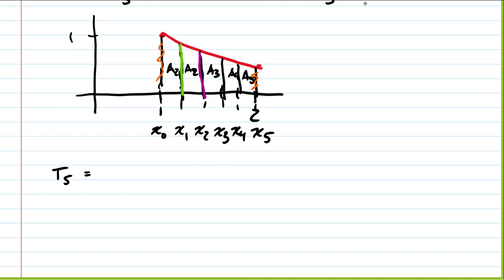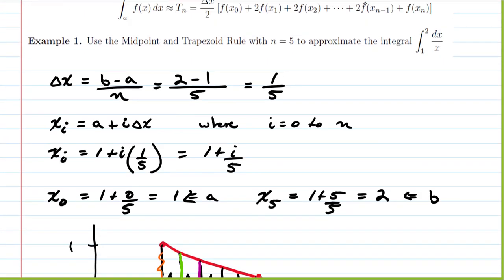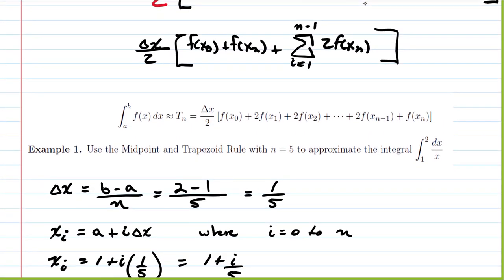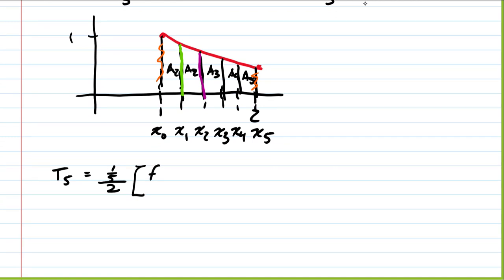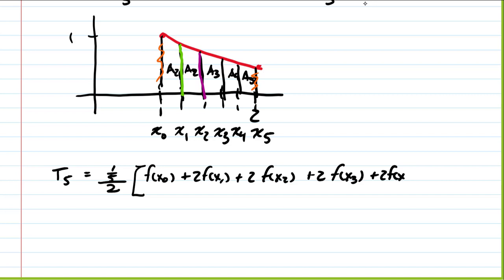Well, we have delta x, which is 1/5, divided by 2, and then we multiply it by f of x0 plus 2 f of x1 plus 2f of x2 plus 2f of x3 plus 2f of x4 plus f of x5.